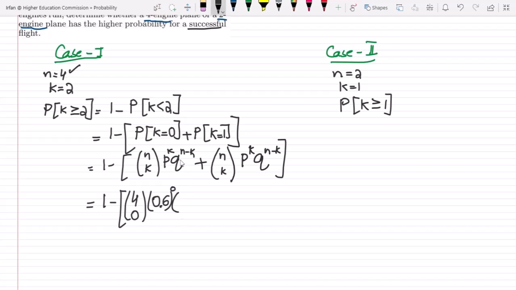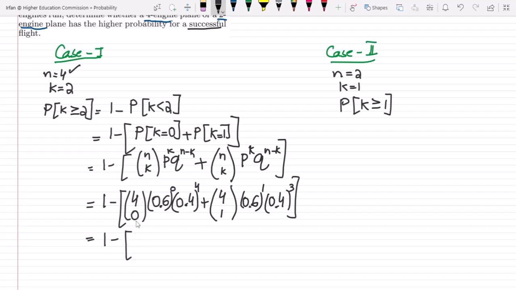0.6 to the power 0, and q is 0.4, with n minus k equal to 4. Similarly, 4 choose 1, 0.6 raised to power 1 and 0.4 cubed. Let me solve it: 1 minus 4 choose 0, which is 1, and 0.6 to the power 0 is also 1, because anything raised to power 0 is 1.